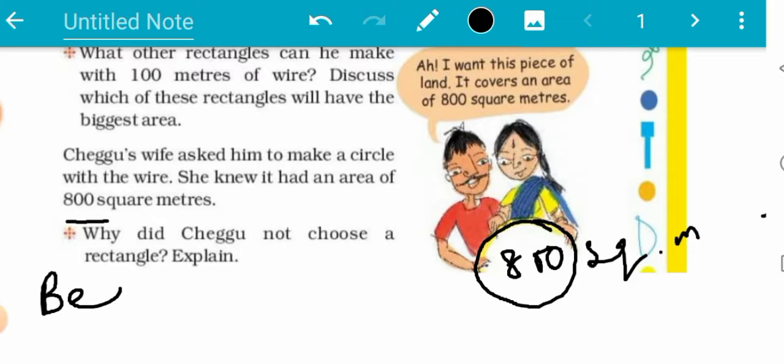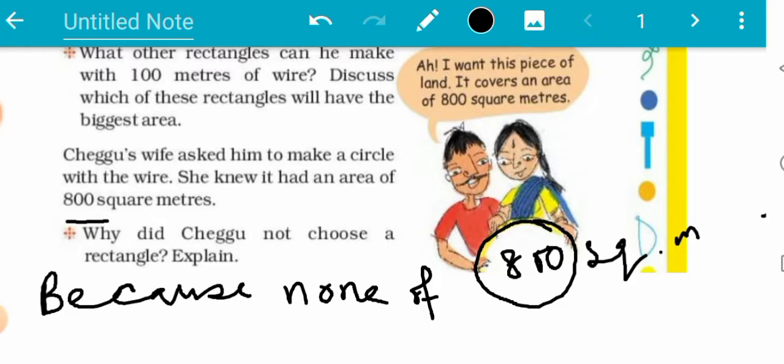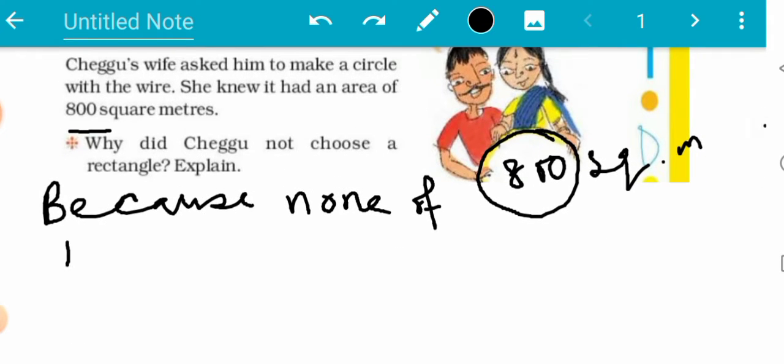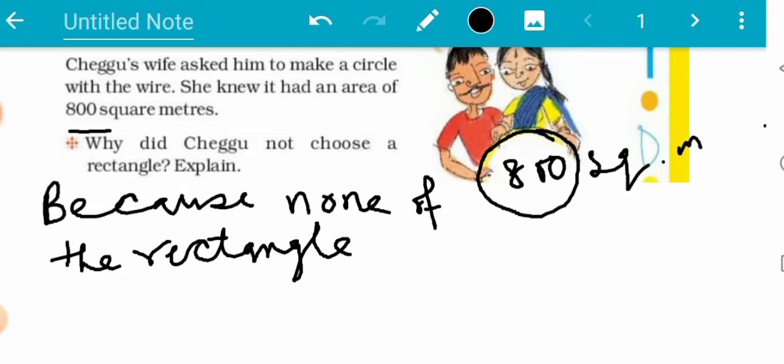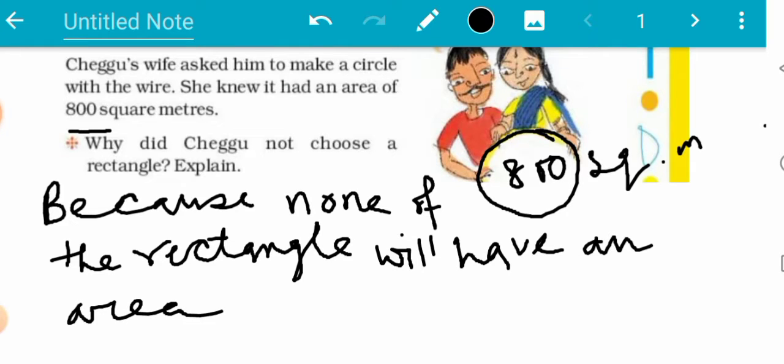Because none of the rectangles will have an area of 800 square meter. That's why Chegu will not choose the rectangle.